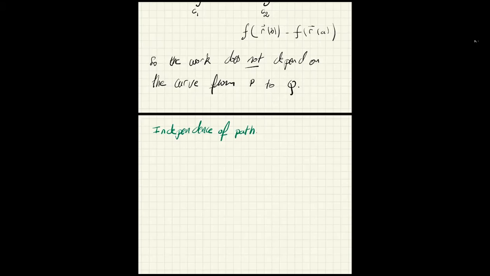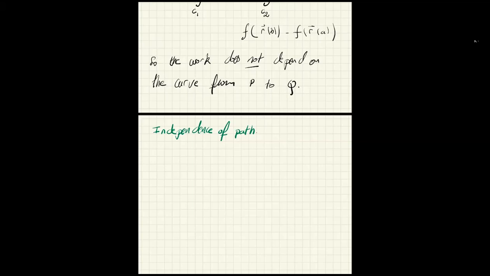A vector field does not depend on the path if, whatever curve you take, it gives you the same number. That's the definition.